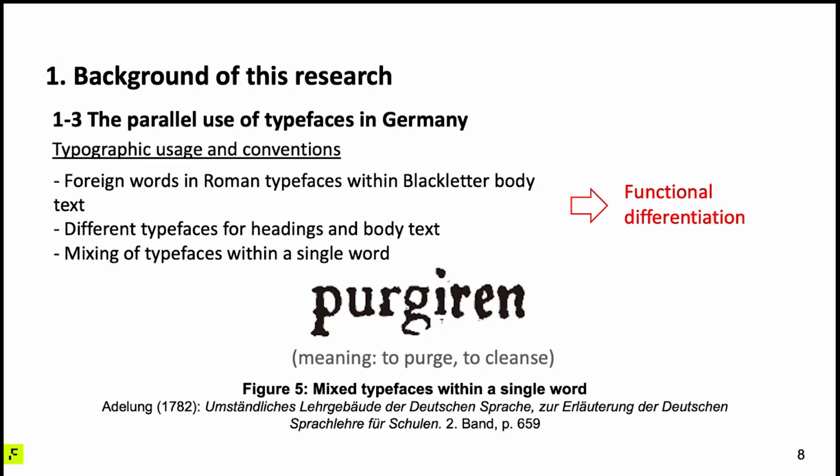Foreign words were set in Roman typeface within Blackletter body text. Different typefaces were used for headings and body text, and typefaces were even mixed within a single line. I would now like to present a particularly interesting example of this last practice.